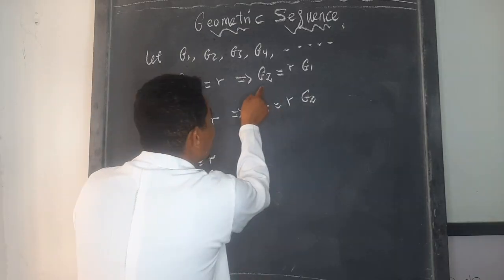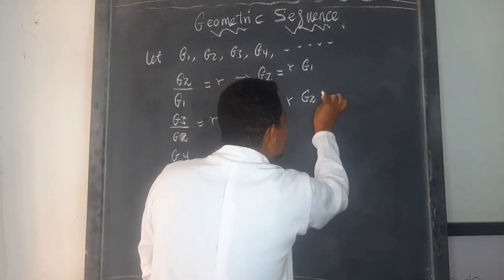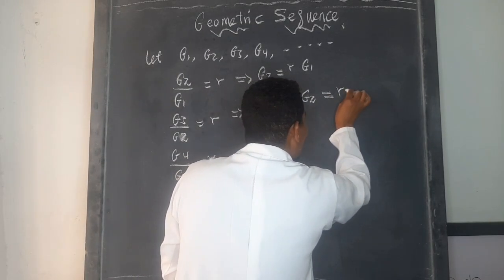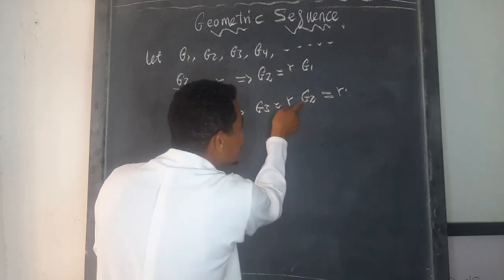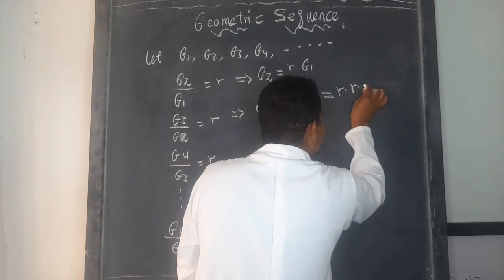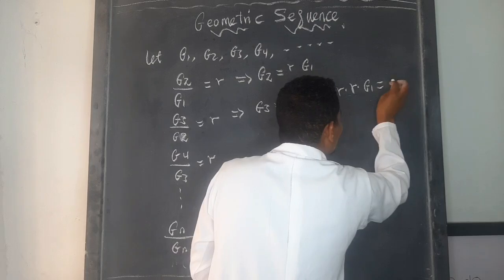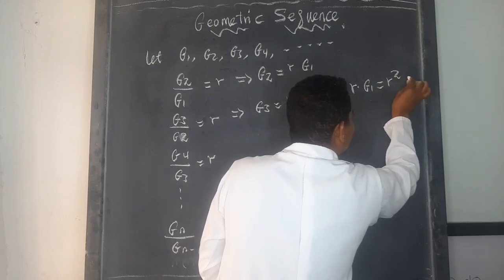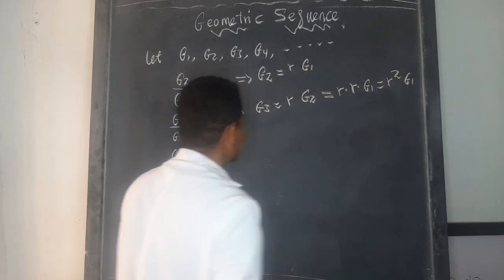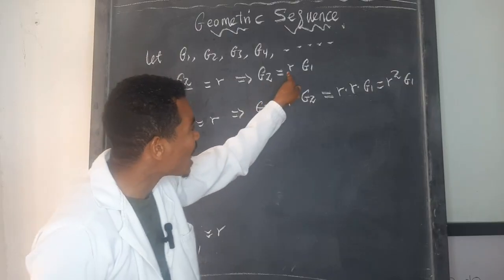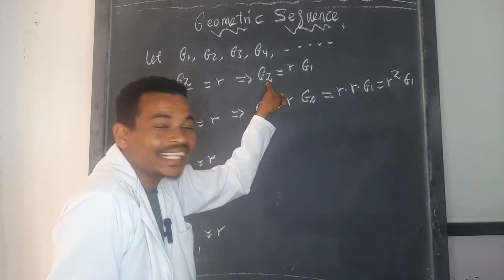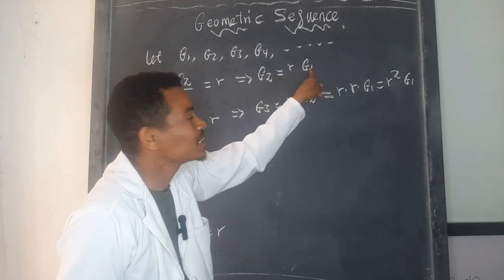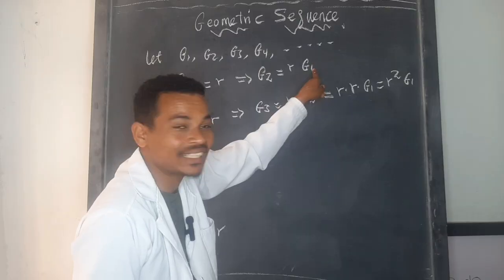And G2 is R times G1, so R times R times G1 is equal to R square times G1. G2 is R times G1, the second term is the ratio times the first term.